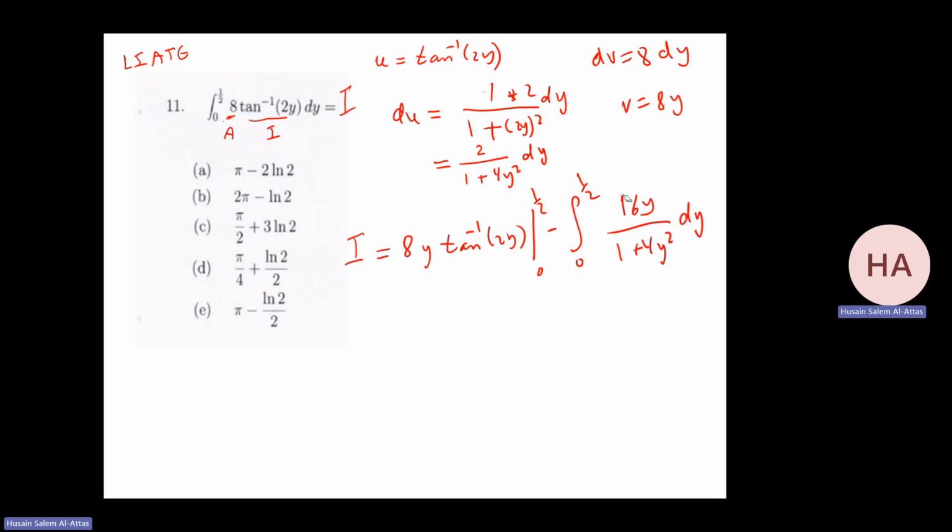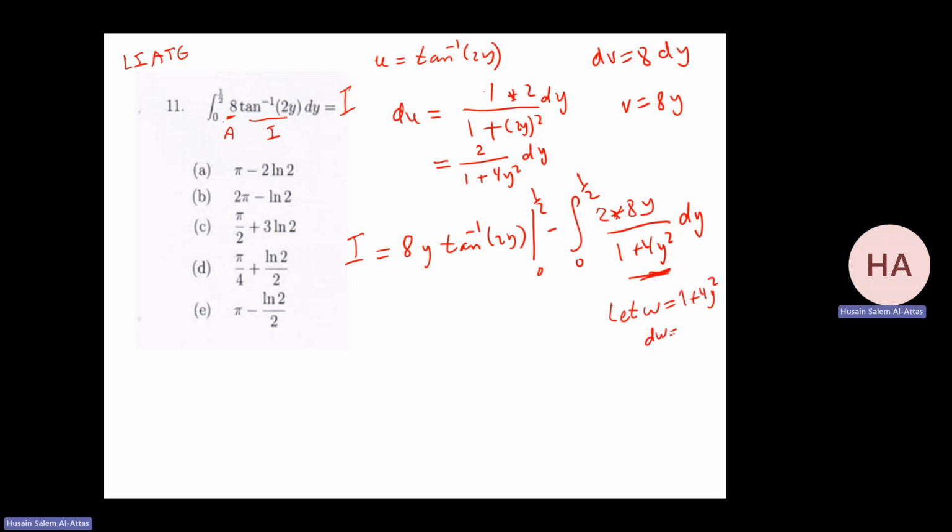By the way, this 16y I can write as 2 times 8y. Why am I doing this? Because if this is u, this 8y will be the derivative. Let me use w: if I let w be 1 plus 4y squared, take it as a whole.